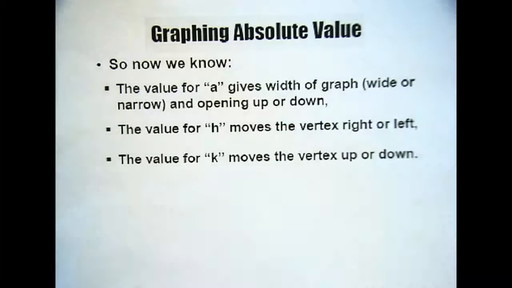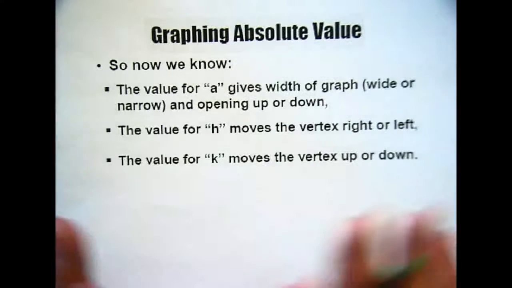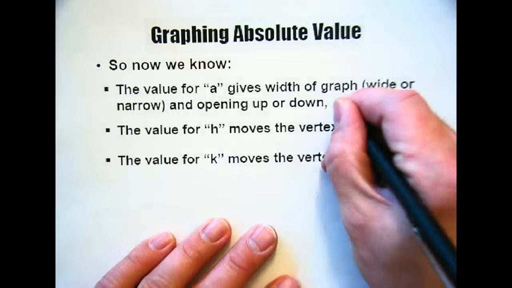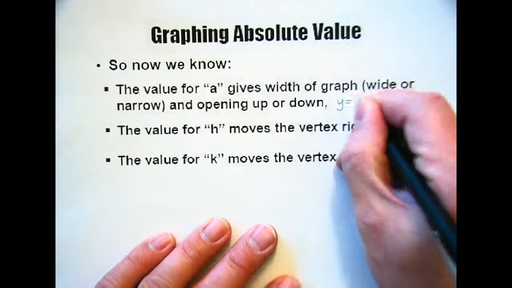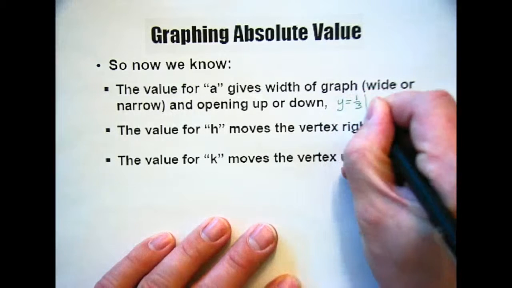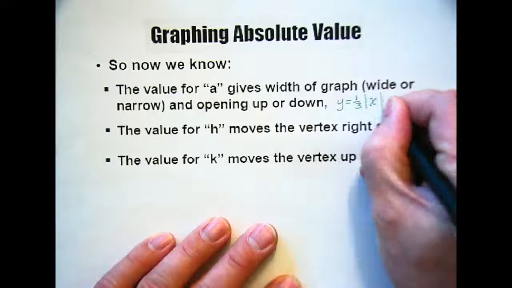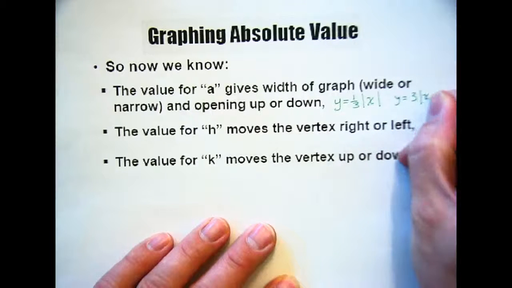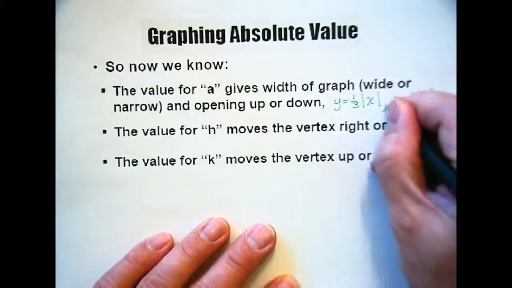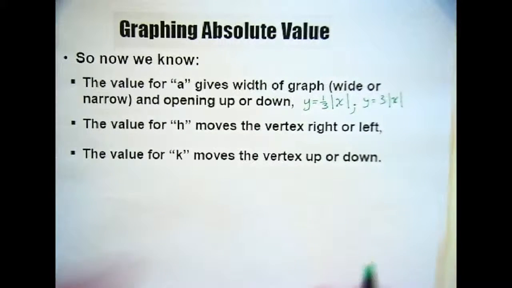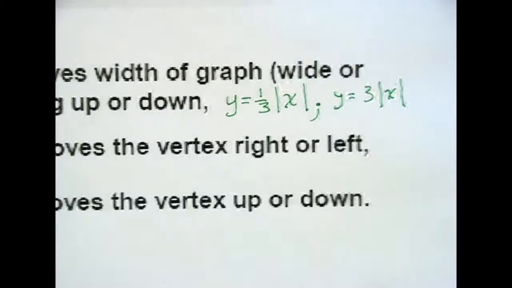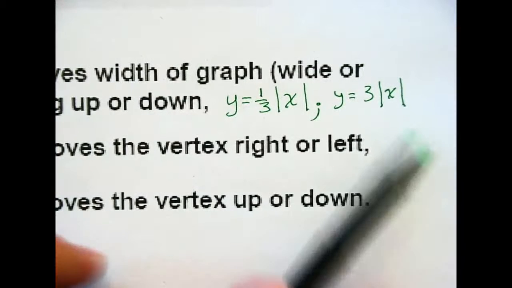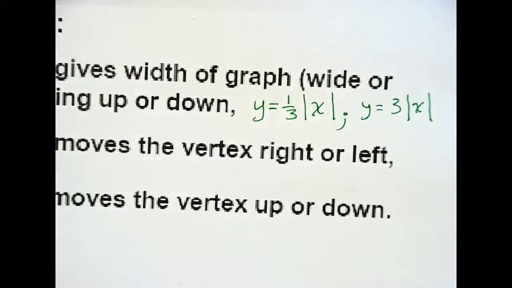So if we're dealing with slope, if I were to give you the equation y equals 1/3 times the absolute value of x, and then the equation y equals 3 times the absolute value of x, which one of those two equations would give you a narrower graph? 1/3 or 3? Which one would be wider? Which one would be narrower?